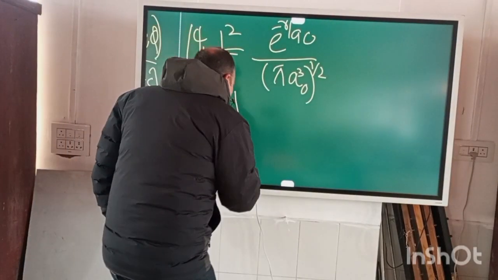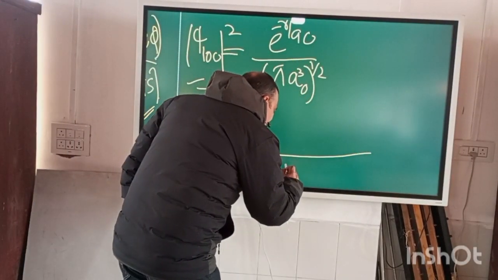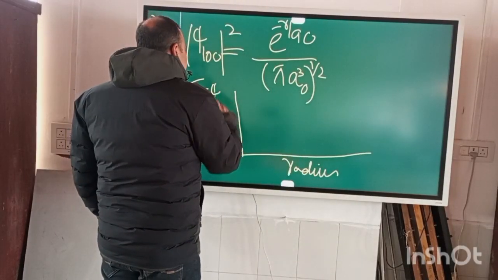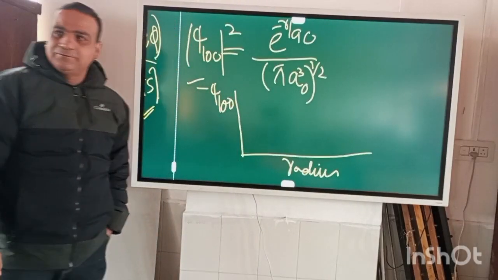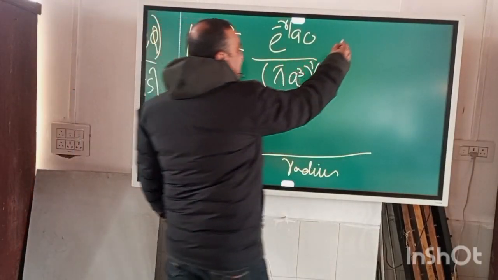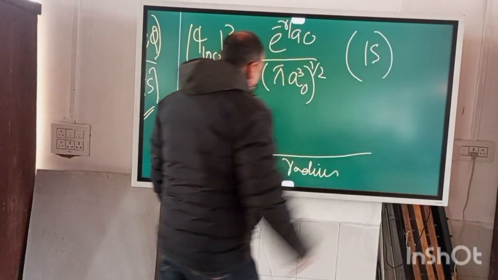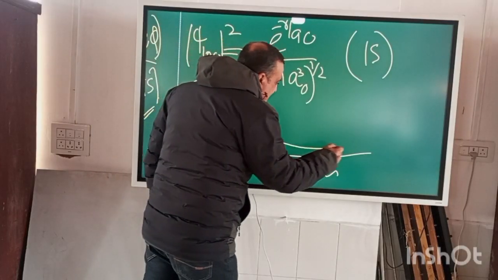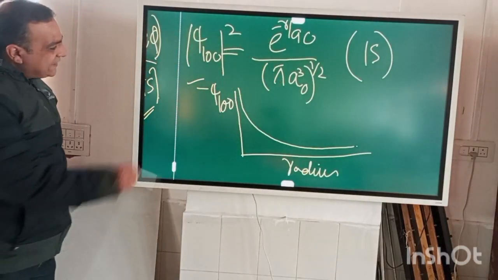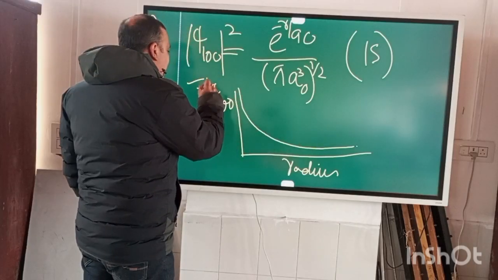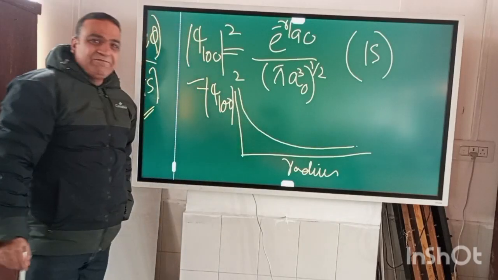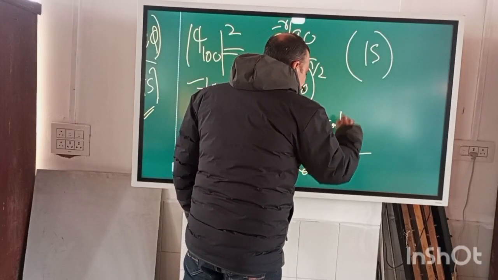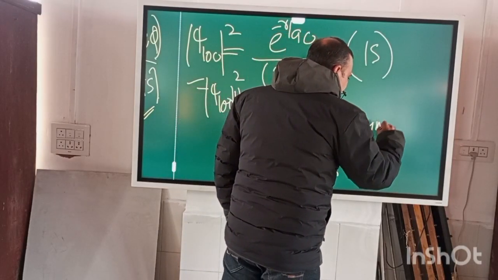Now, if I plot this probability density as a function of radius, and this is my psi 1 0 0 for 1s, I find a distribution like this. And this distribution is spherically symmetric.